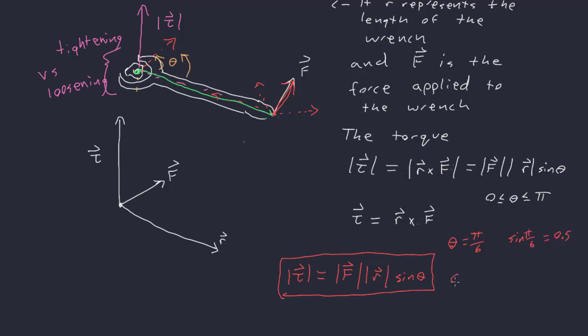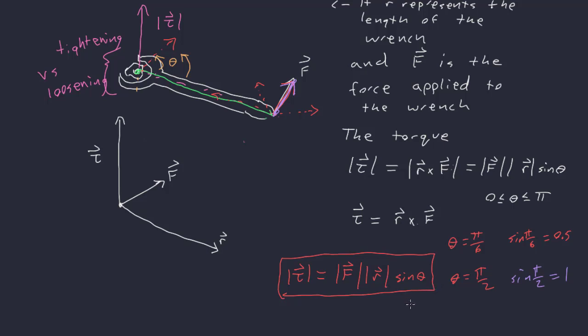Versus if you come at it at a 90-degree angle, sine of pi over 2 is 1. So if you're at 30 degrees, this factor is only 0.5, but when you're at 90 degrees, it's at 1. So at 90 degrees, you get the most torque versus hitting it at other angles.